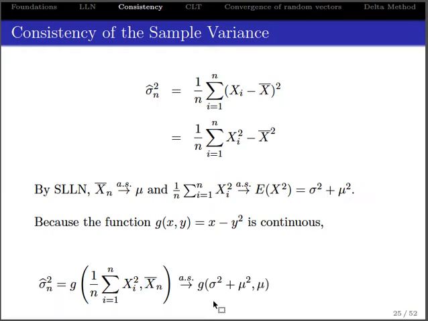That goes almost surely to g of the targets, sigma squared plus mu squared and mu, which is just sigma squared plus mu squared minus mu squared equals sigma squared. And we've shown the consistency, the strong consistency, of the sample variance with no conditions on the distribution in question, except that the variance itself exists.